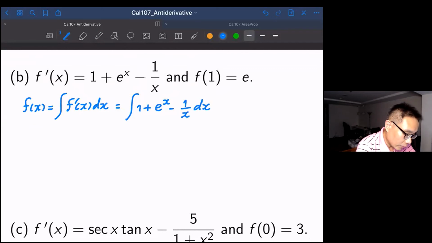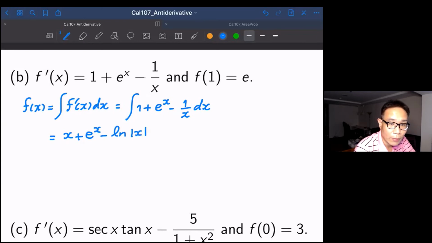So you integrate 1, it's going to be x, integrate e to the x is going to be e to the x, and integrate 1 over x is going to be log absolute x. And you're going to add plus c. So this one you have f of x.